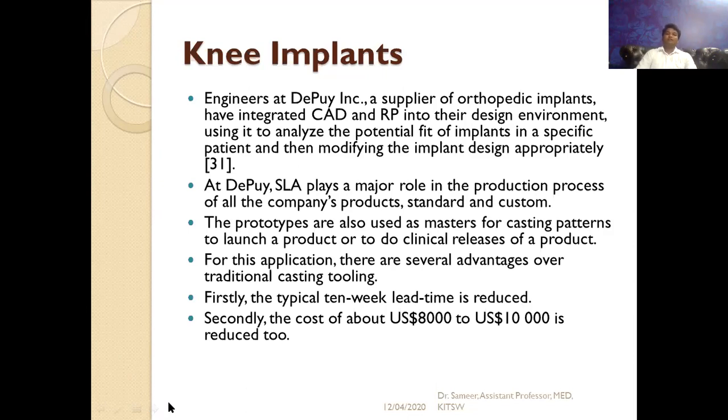So by using rapid prototyping in knee implants at a company called DFU, which is an orthopedic implant supplier, they could reduce their lead time. Second, they could reduce the cost of the implants as well, which was initially $10,000 before using additive manufacturing, and after using additive manufacturing, they could reduce it to $8,000. That is, they have saved 2,000 US dollars.